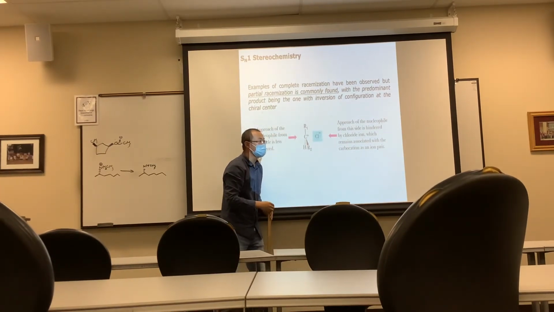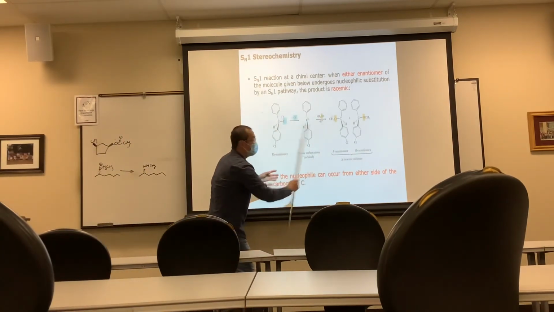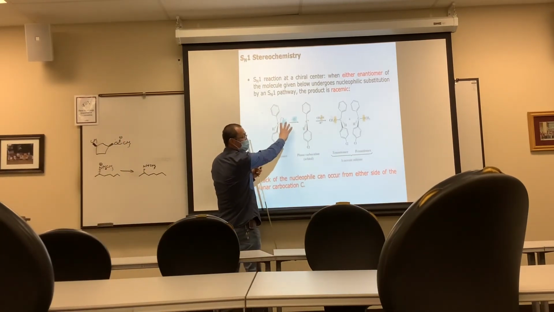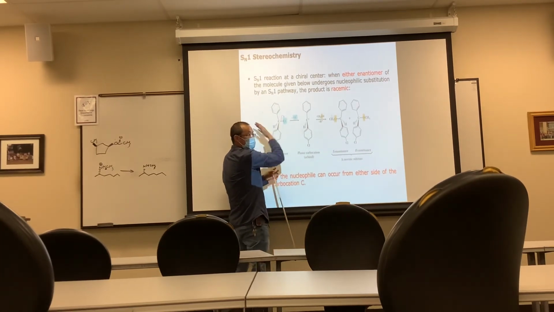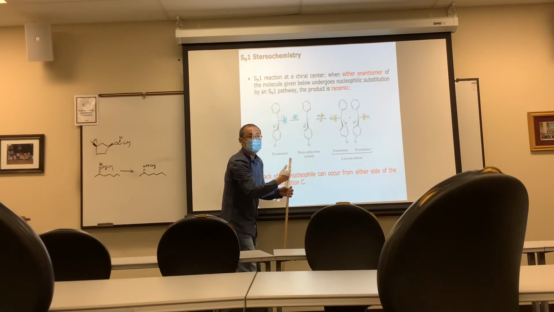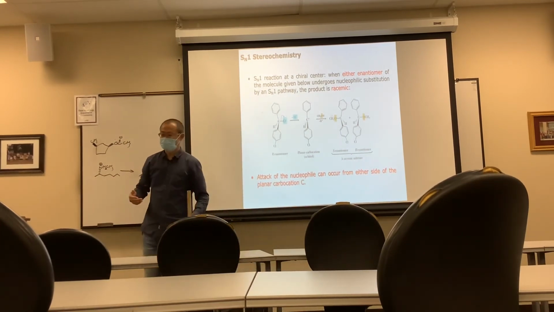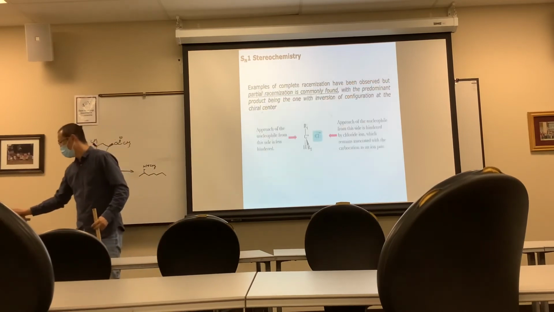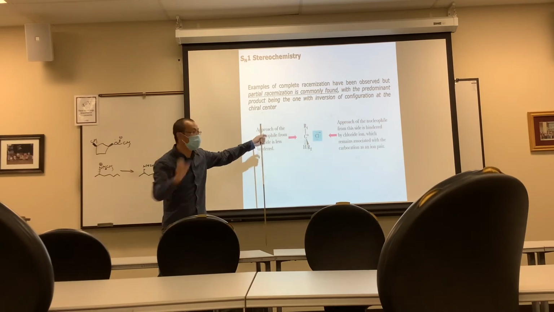Does it make sense, guys? Usually the carbocation is free on either side. But if the leaving group stays here for a short amount of time, then this side will be more open. So sometimes you do see a different ratio. For us, we don't need to worry about it. If it is SN1, racemic.